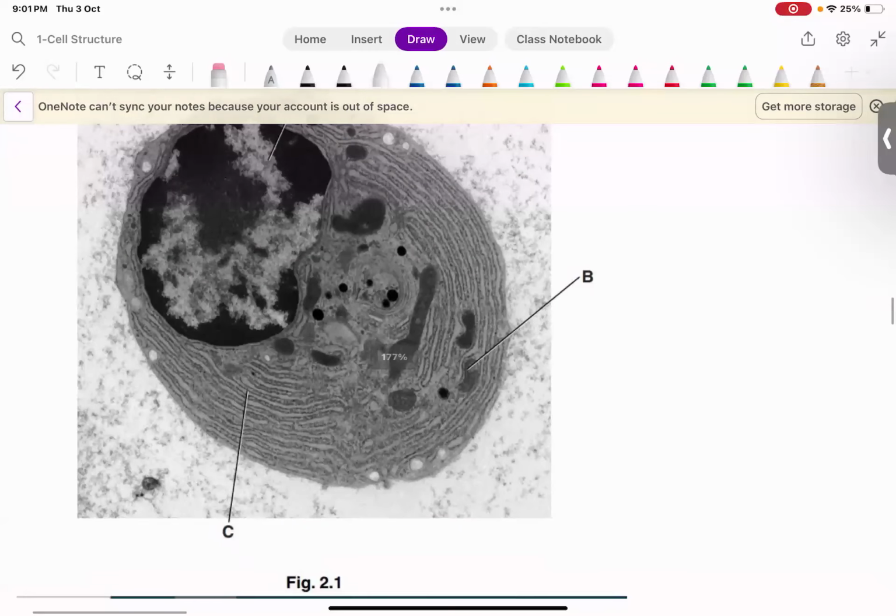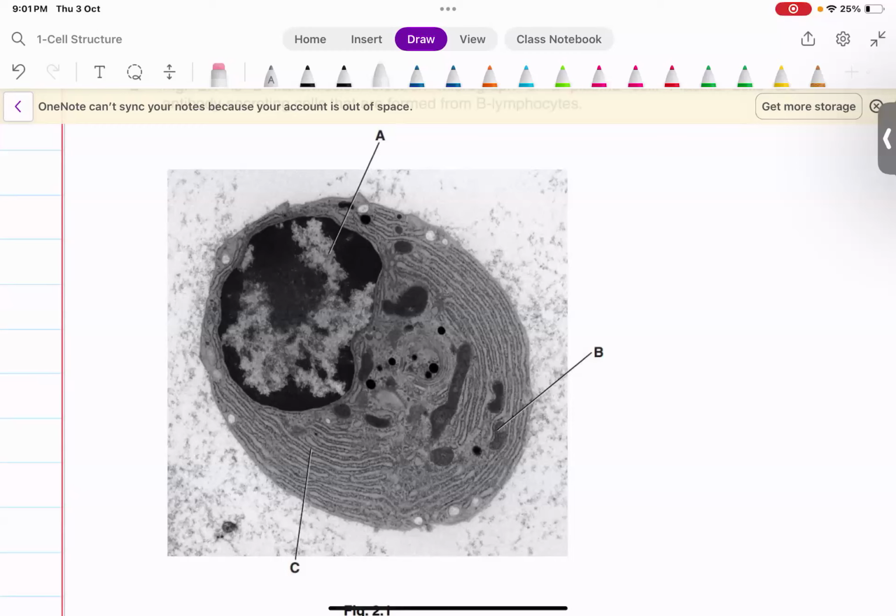In electron photomicrographs, this is the rough endoplasmic reticulum here. You can see these are the mitochondria here, and this is chromatin present inside, and this whole structure is the nucleus with the nuclear membranes, nuclear envelope.